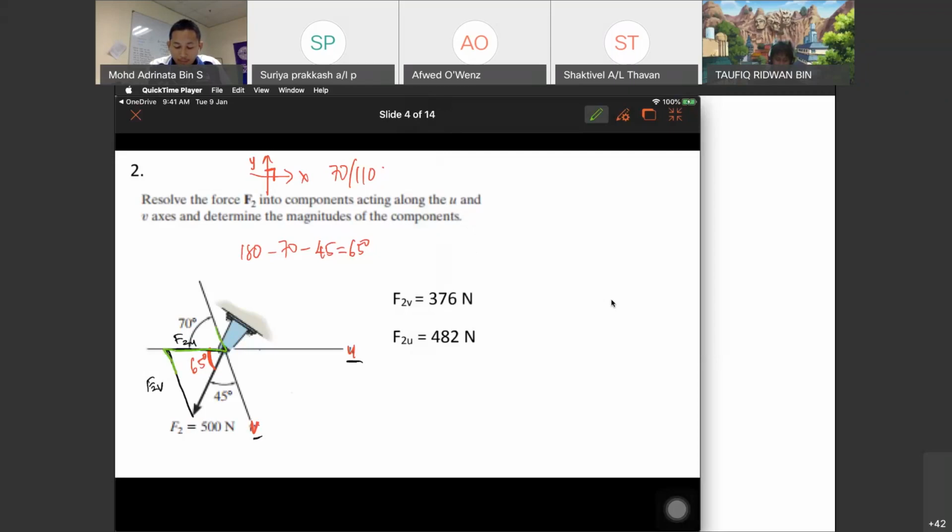This is the same because F2V is parallel with V, and this one should be 70. So you have 70, 65, and this one is 45.